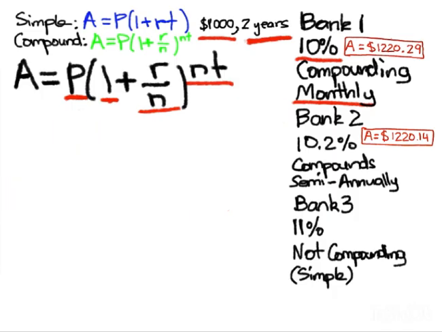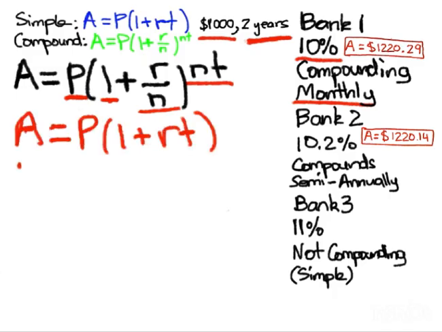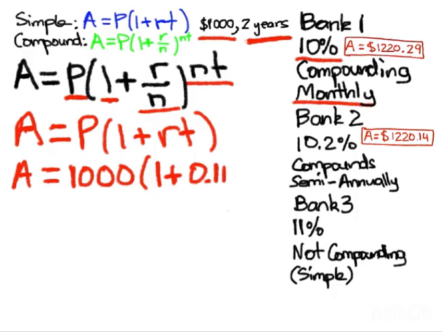Then finally, you've got your final bank 3, which is offering you a simple interest program with an 11% interest rate, and it's not compounding. So we'd be using this formula instead, the simple one, where we can plug in immediately our values of our principal of 1,000 in brackets 1 plus our rate as a decimal 0.11 times the 2 year time frame, your time period.